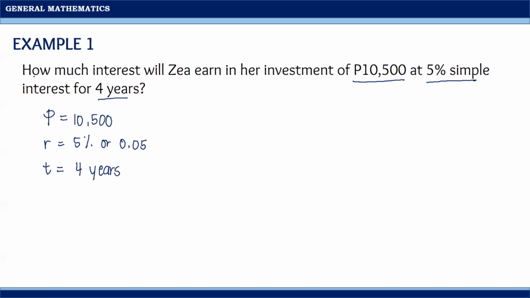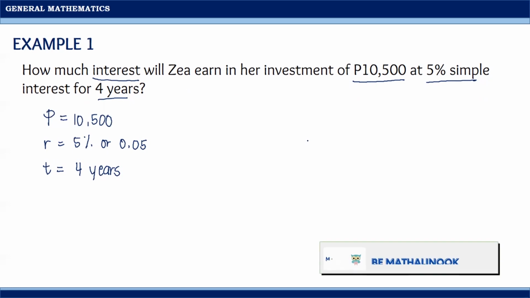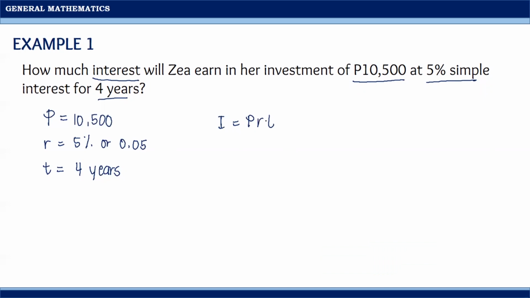The question is how much interest will Zaya earn from this investment? Therefore, we will be looking for the value of I. Remember that I is equal to P times R times T. Substituting the given values into the formula, we will have 10,500 times 0.05 times 4, which gives us 2,100.